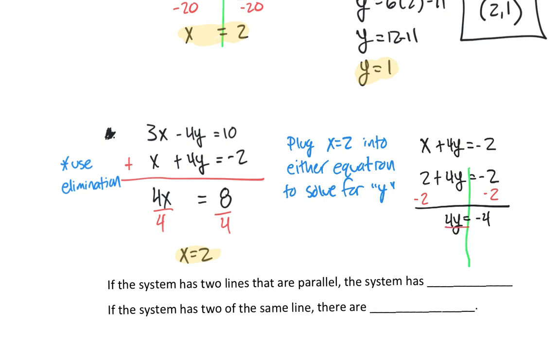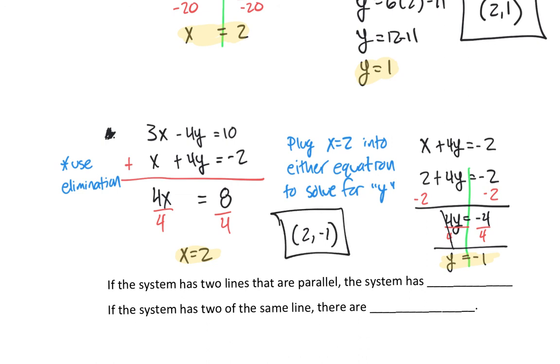And so my last step, I can divide both sides by 4. And in doing that, those cancel away and y equals -1. And so I now found what the y value is for this point on the graph where they cross. And so this then means that I'm going to have the point 2, -1 as my final answer. And so this is again how we record it, 2, -1.